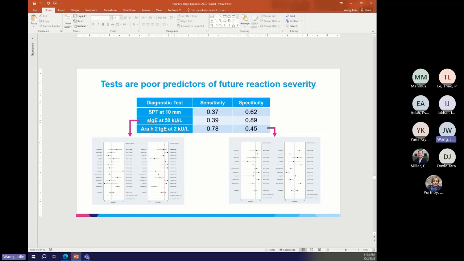So the whole peanut IgE has very low sensitivity but high specificity, whereas RH2 at a level of 2 has a high sensitivity but low specificity. So with a very high peanut IgE level, if it's very positive, that can help, but you're going to miss a lot of people who potentially can have severe future reactions. And then for RH2, positive doesn't necessarily indicate that that patient will have severe reactions in the future.